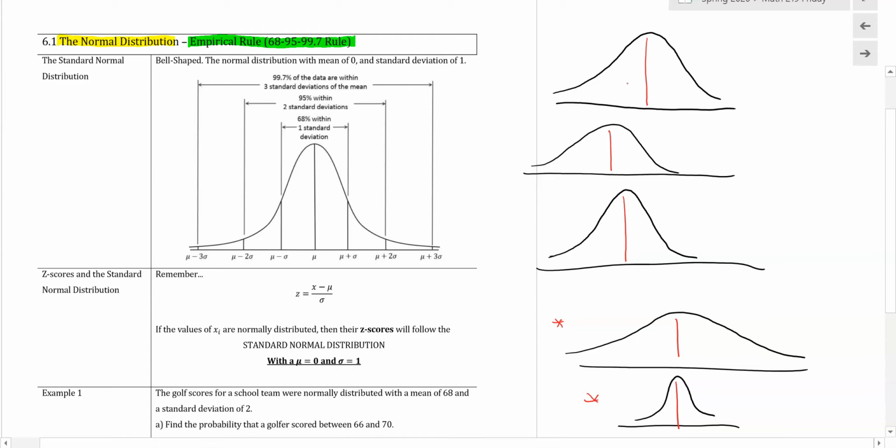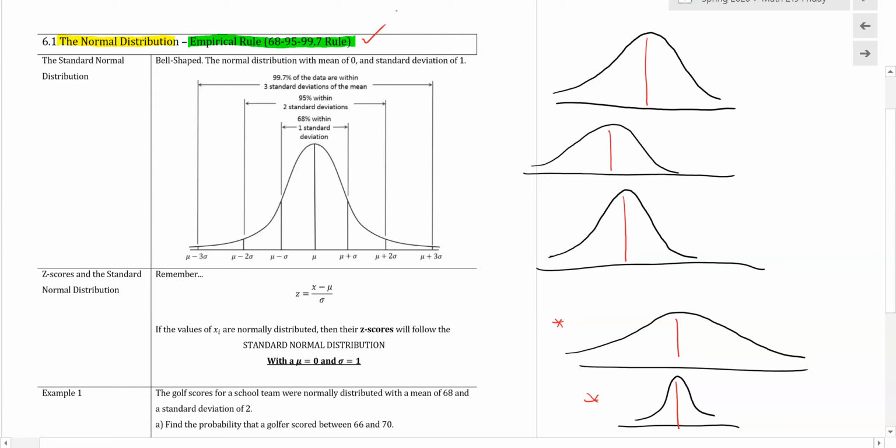With the normal distribution, there are some criteria to check, but it's not easy to do, and it's a little beyond our scope right now. So really, we either need to be told that it's normally distributed or told that it's a bell-shaped curve, and therefore we will know to apply our normal distribution rules, one of which being the empirical rule.